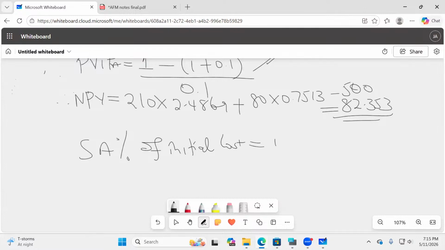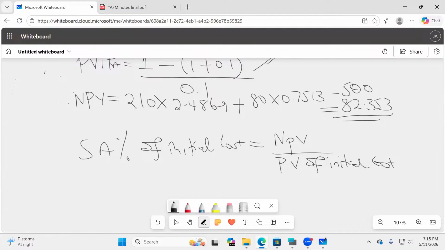So this one, the formula is very easy. You take the net present value you have obtained there, divided by the present value of the factor, present value of initial cost. So the factor always becomes the base.